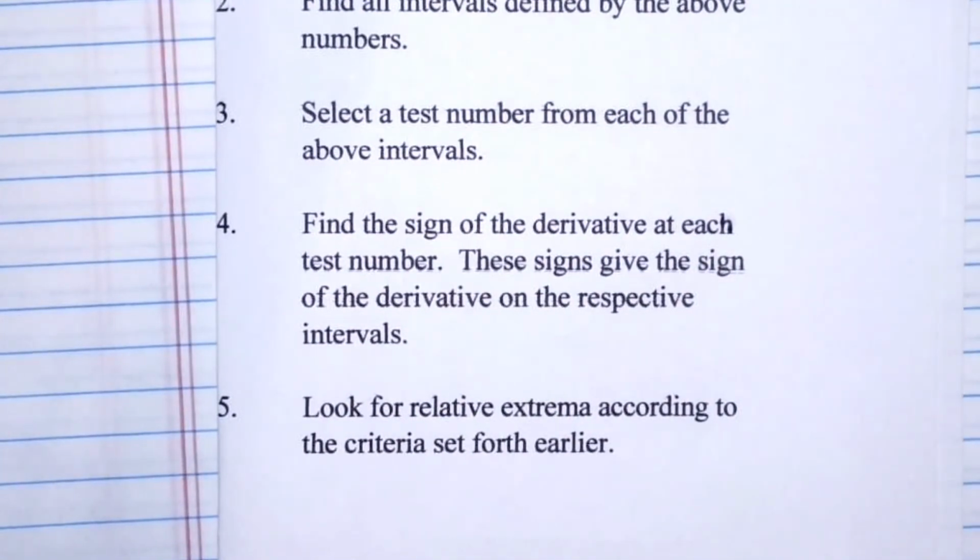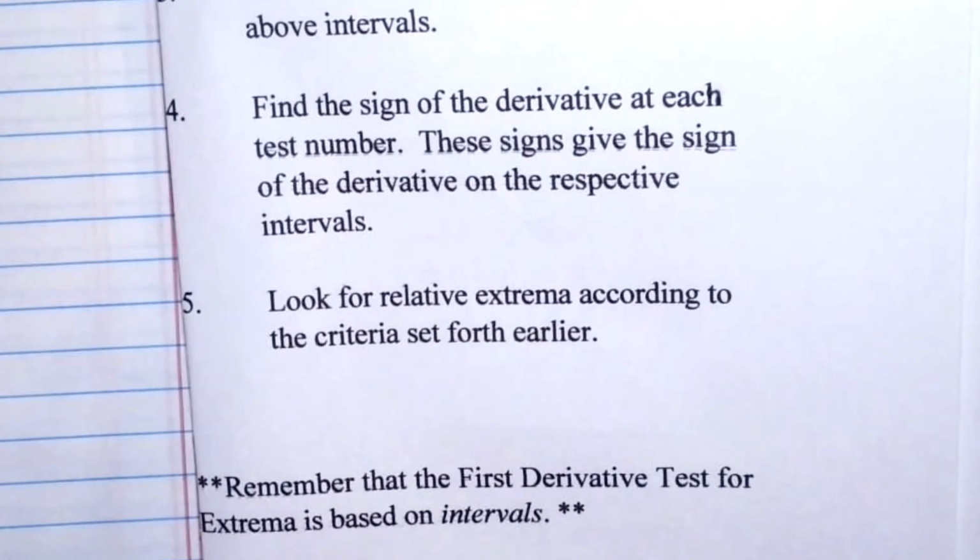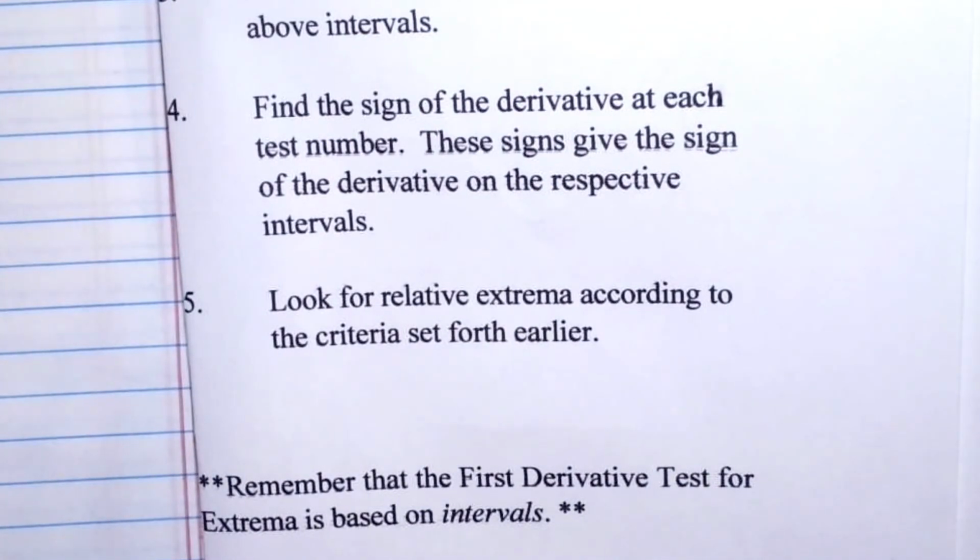Then we're going to look for relative extrema according to the criteria that we talked about earlier. And there's this note. Remember that the first derivative test for extrema is based on intervals, not on single points.